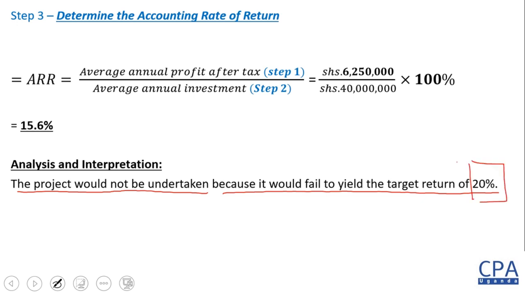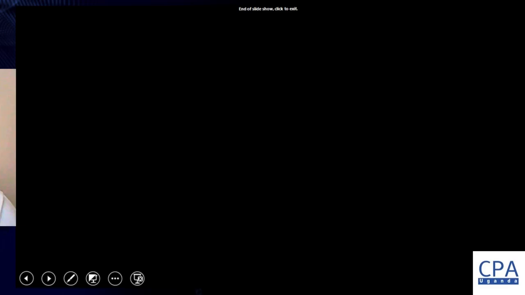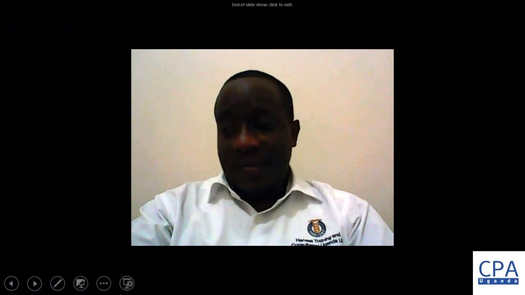I repeat, the project will not be undertaken because it has failed to yield the target return of 20%. Its calculated accounting rate of return is lower than 20%. So basically, this demonstrates the calculation of the accounting rate of return.